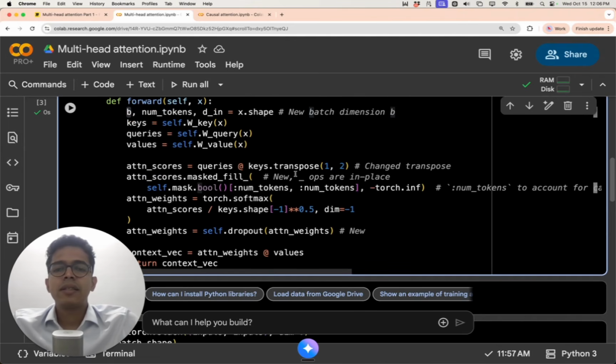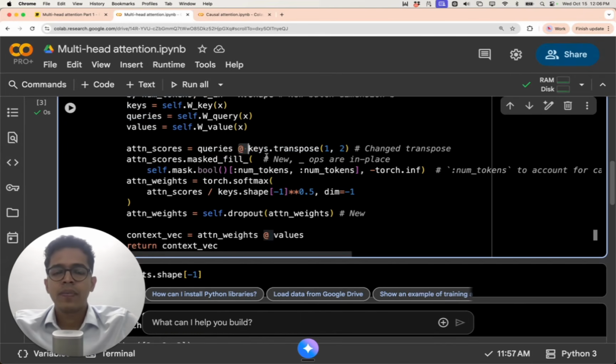So the dimensions that we want to exchange are the dimensions where the number of tokens and the input dimensions are coming, which are the first and second dimension. The 0th dimension is the batch, so that we don't involve in the transpose. We transpose dimension number 1 and dimension number 2. So queries multiplied by the transpose of keys. This at symbol is the Python symbol for matrix multiplication.